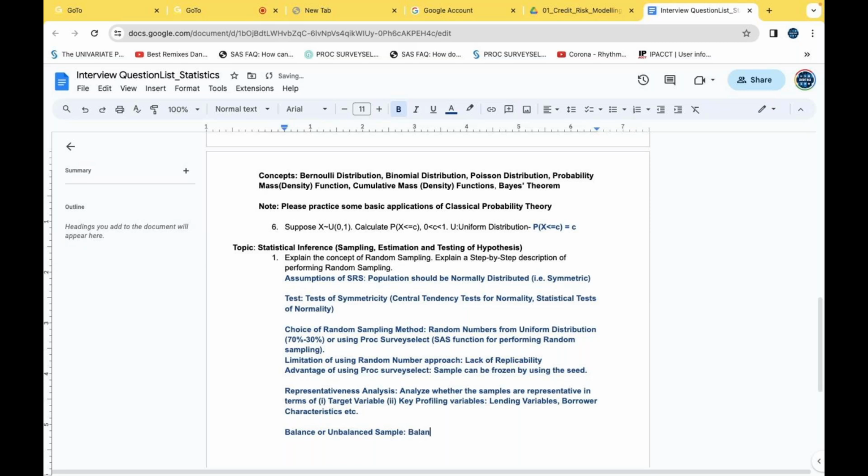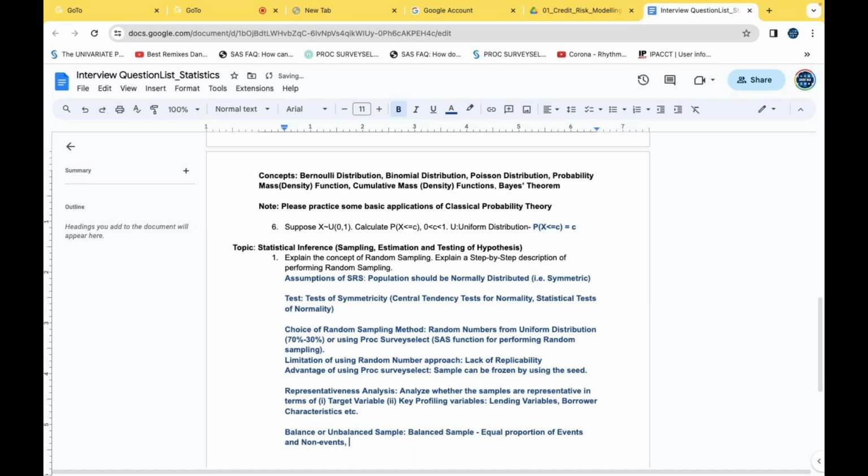So in a balanced sample, you have equal proportion of events and non-events. Now this is applicable only for cases where you have categorical target variables. If I have a continuous target variable, then you can use the data as is.